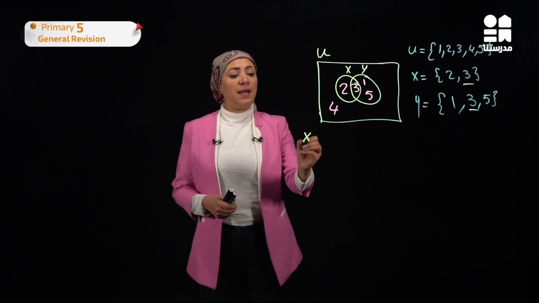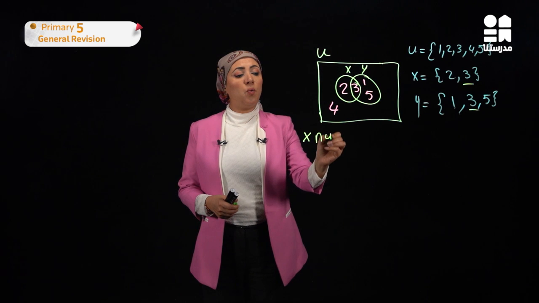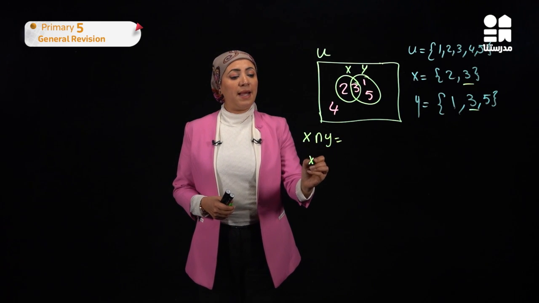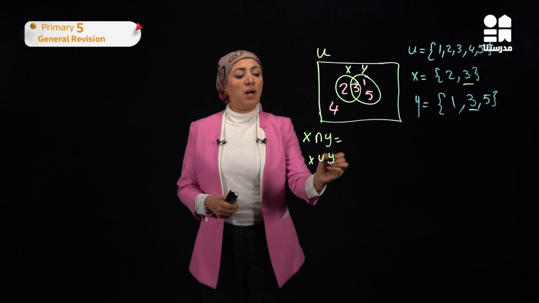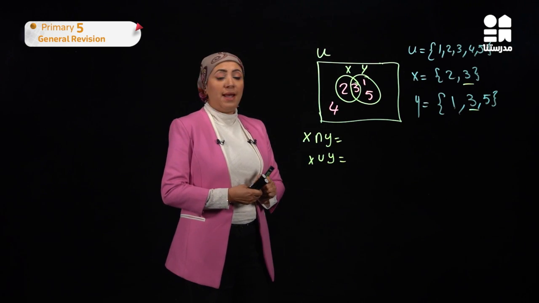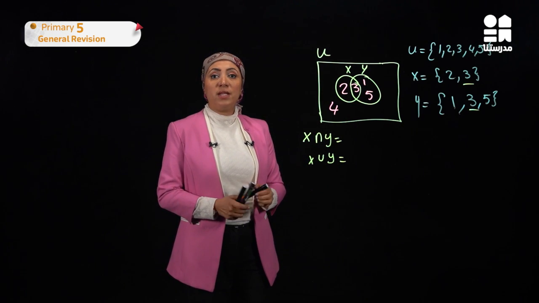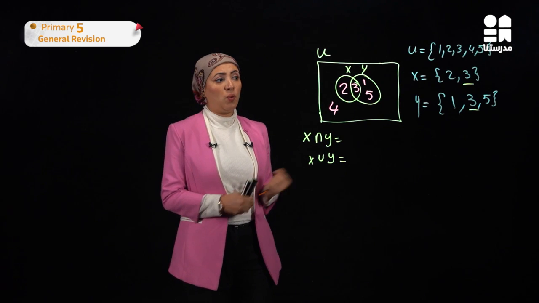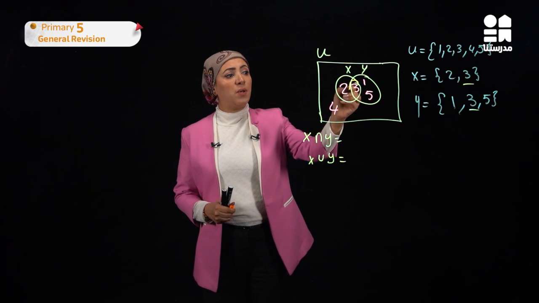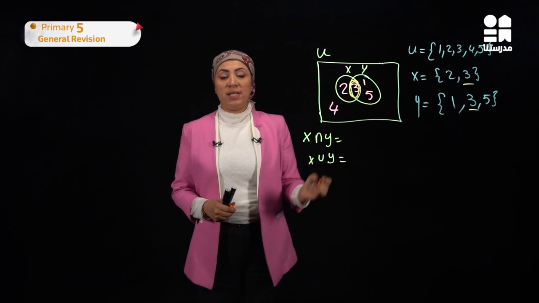We have X intersects Y equals and X union Y equals. Okay, X intersects Y is the common elements between X and Y. And as you see here, our common element is only one, which is 3.